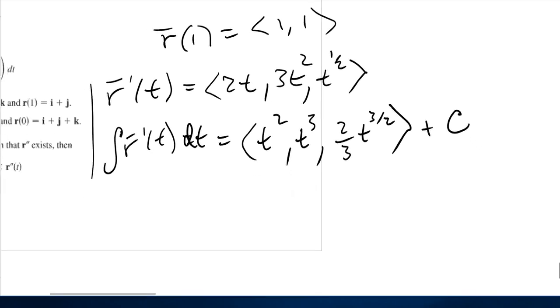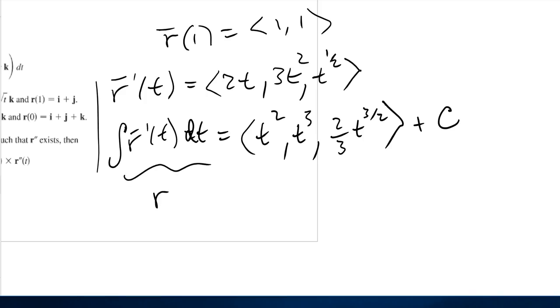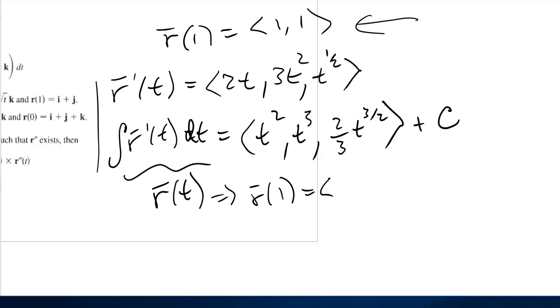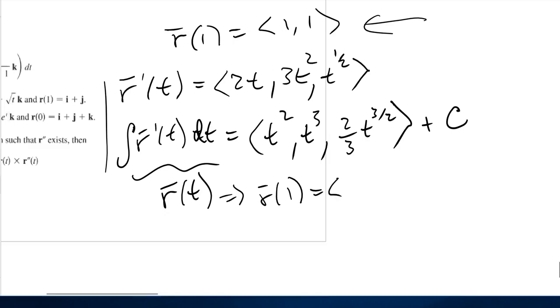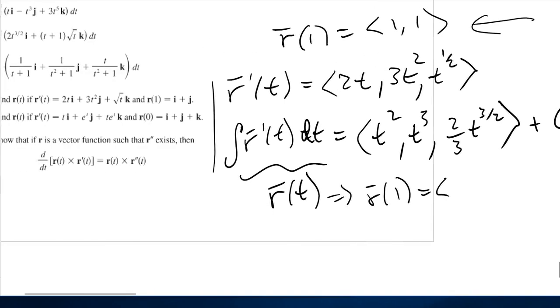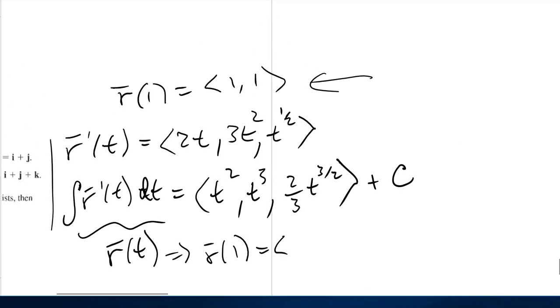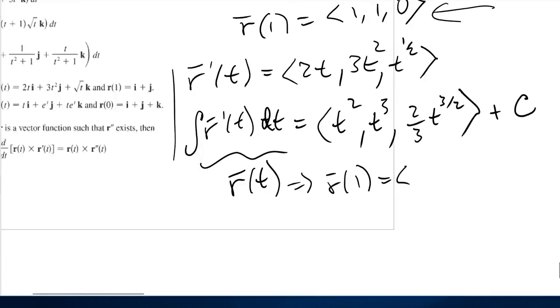Now, the left-hand side, this is r of t. So it says r of 1 is 1, 1. It's 1, 1, 0. They left off the k, so that's a 0k.